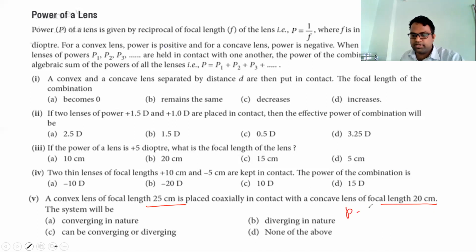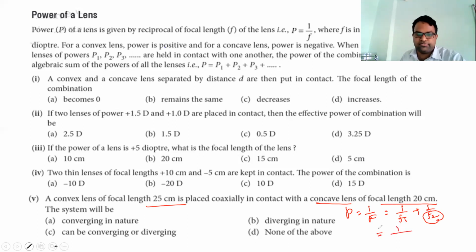So combination power is 1/f, that is 1/f1 plus 1/f2. Now the important thing is coaxially placed in contact with a concave lens. So concave lens means this f2 will be negative.